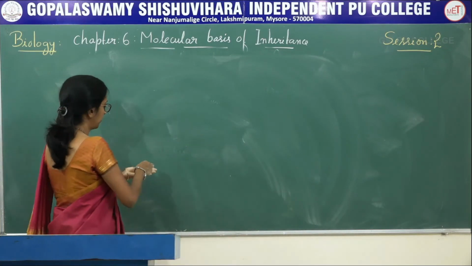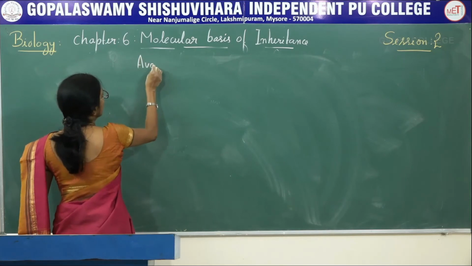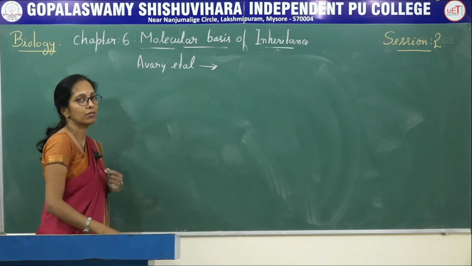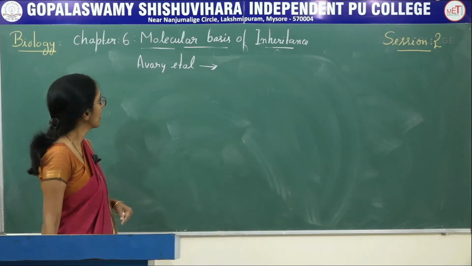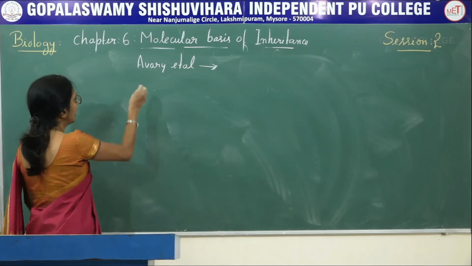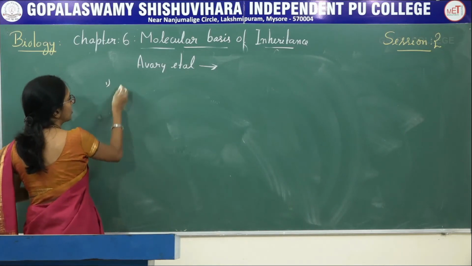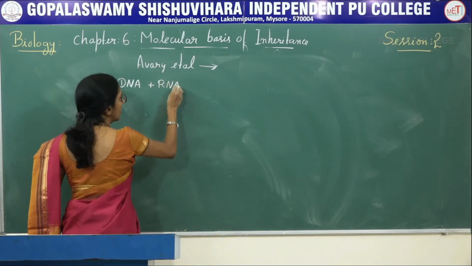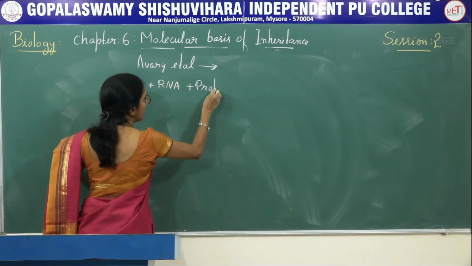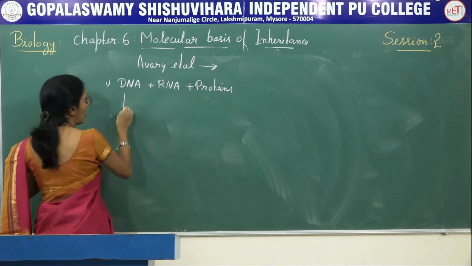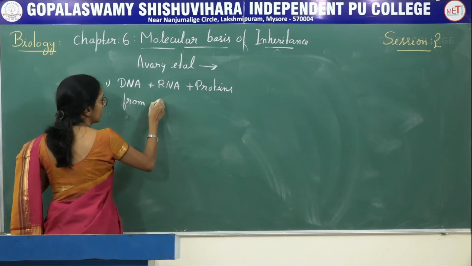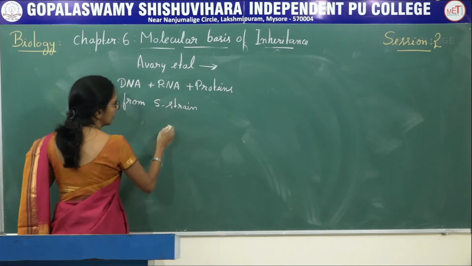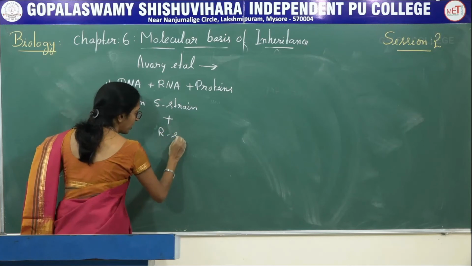Later, Avery et al. continued this Griffith experiment, and what they did is they prepared an extract which contains DNA, RNA and proteins from the S strain, mixed with the R strain.